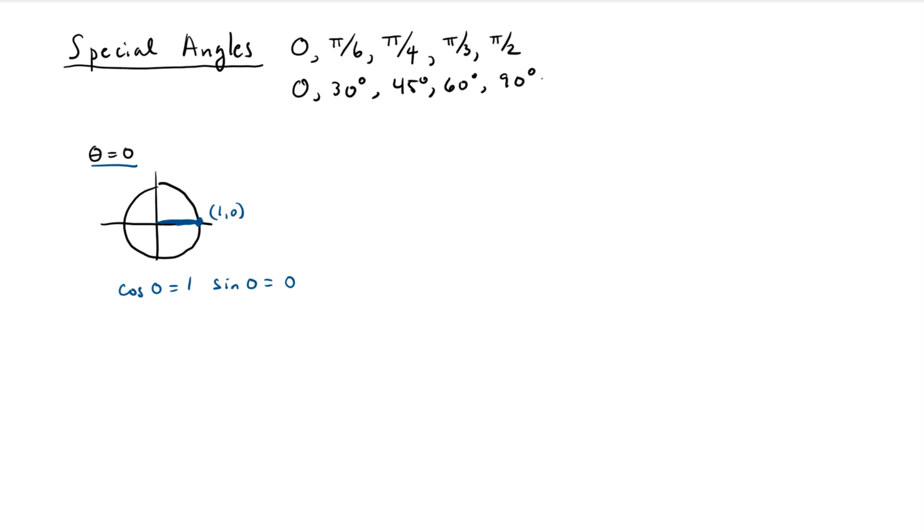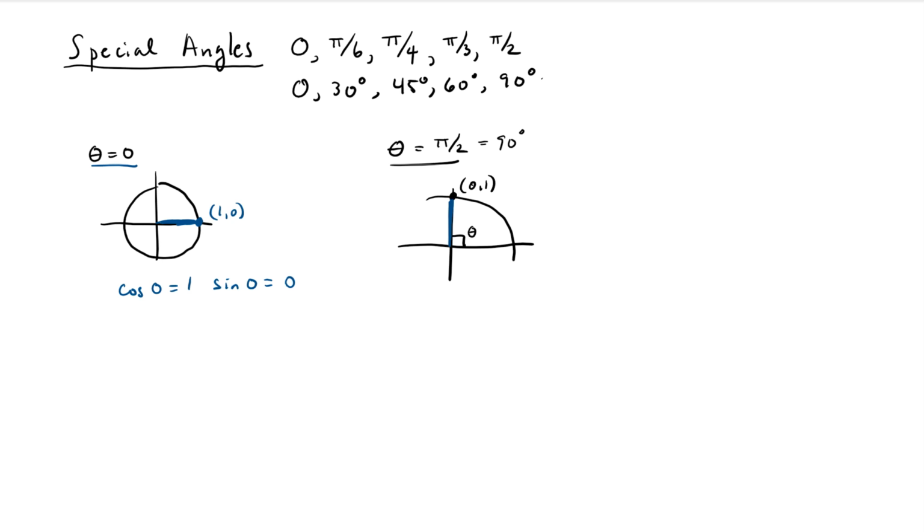After that, the other simple angle is pi over 2. So pi over 2 is when the angle is 90 degrees. In this case, the angle theta is this, and I'm looking at this line here, which intersects the circle at the point 0, 1.